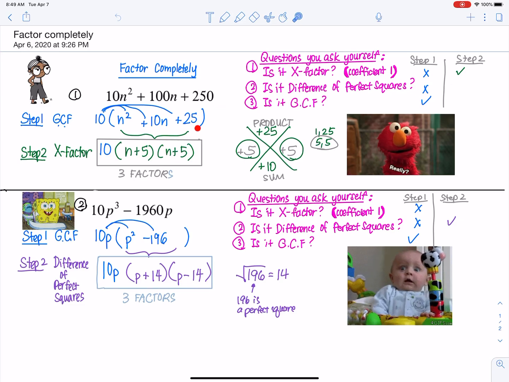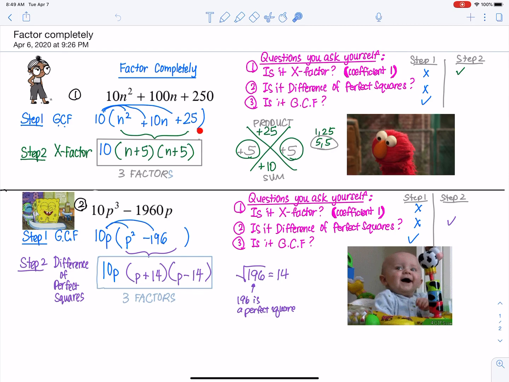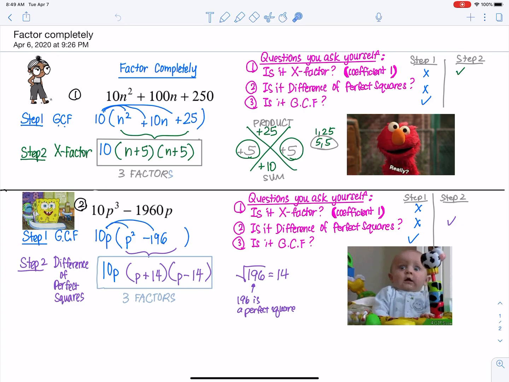And that's positive 25. Now, if you were to leave your answer like this, you would get it wrong on the exam, because if you're factoring completely, that means you have to keep factoring until you cannot factor anymore. So we keep the 10 outside, and we look at this parentheses.